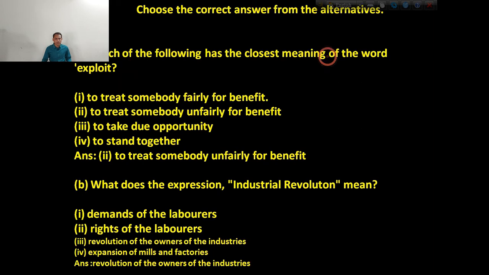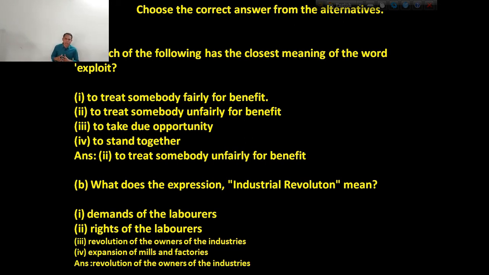Dear students, now come to the pattern of questions. First of all, I want to show you some multiple choice questions. Choose the correct answer from the alternatives. Which of the following has the closest meaning of the word exploit?